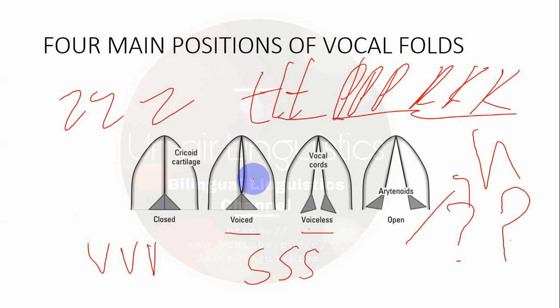You can identify the difference between voiced and voiceless sounds by just keeping your finger on your throat at your Adam's apple, the bone which is a little bit outside in your neck.